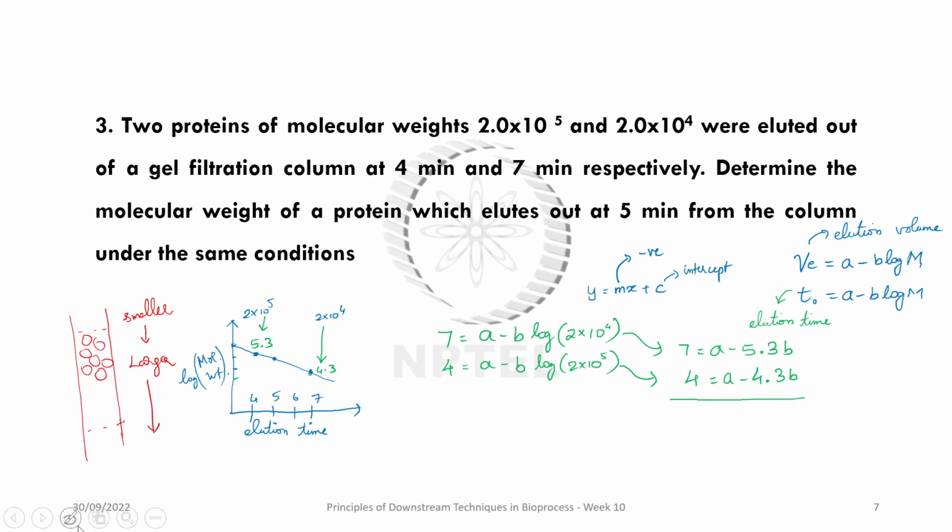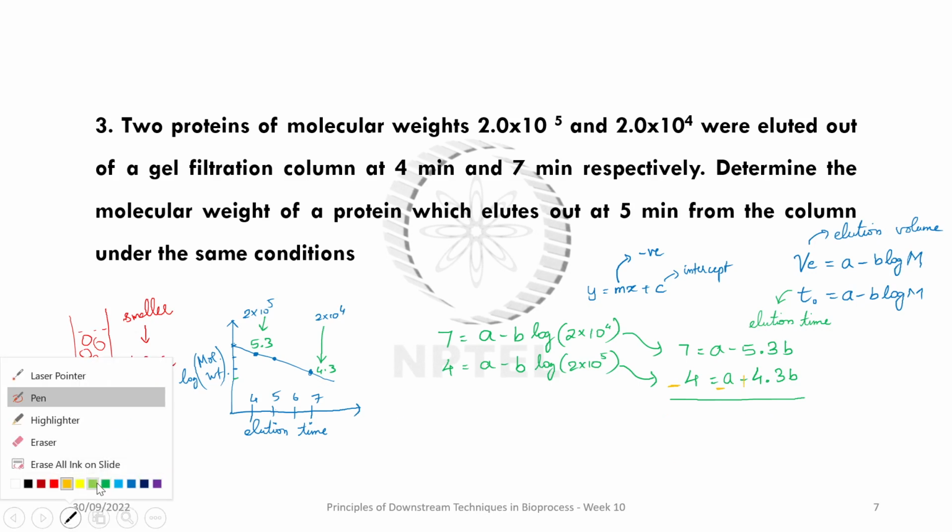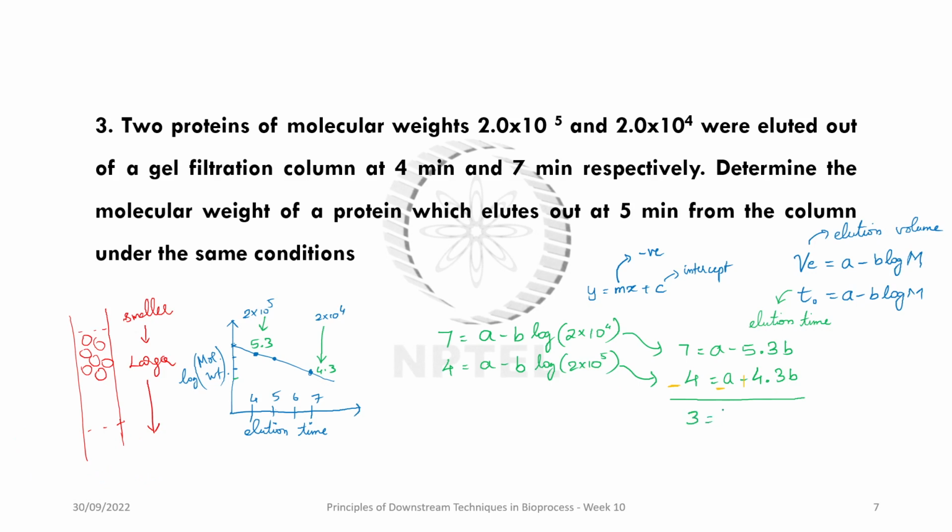So now if we solve for this, I'm going to subtract. 7 minus 4 is equal to 3, a minus a is 0, 5 minus 5 plus, huh, okay, so I think I've mixed up this, right? 2 into 10, 2 lakh gave us 5.3, and yeah, 2 into 10 power 5, log of 2 into 10 power 5 gives 5.3, and 2 into 10 power 4 gives us 4.3.